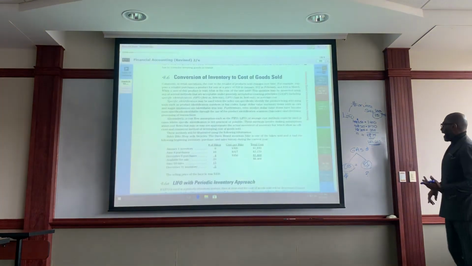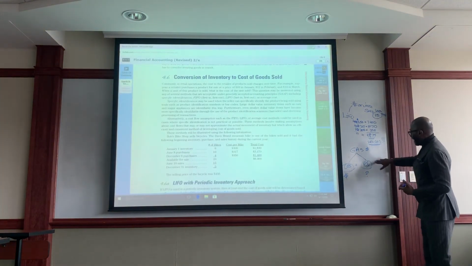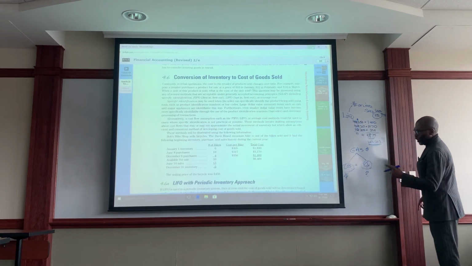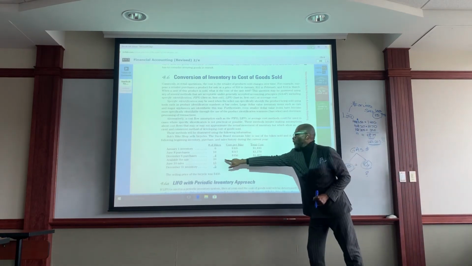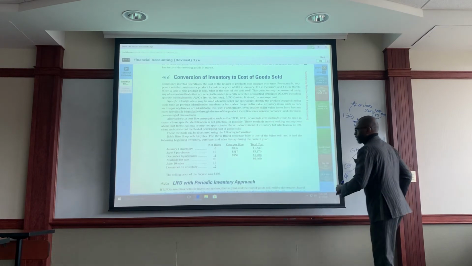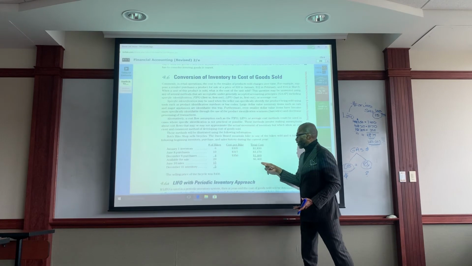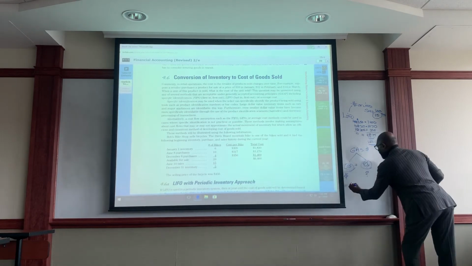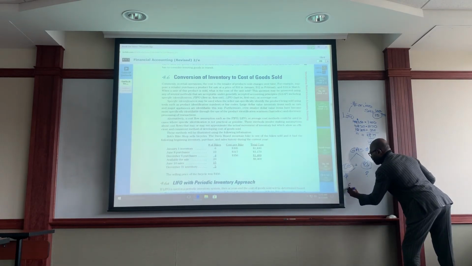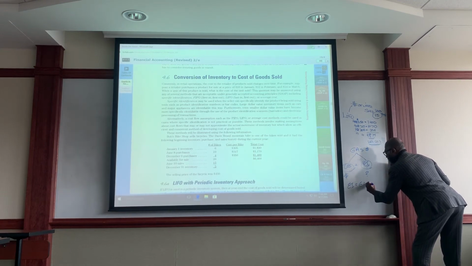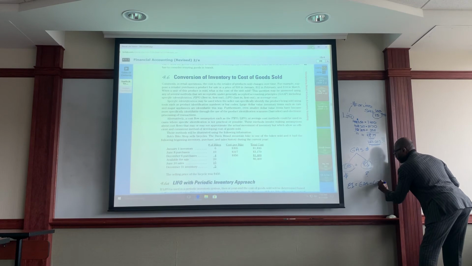And because we have this information, we can calculate ending inventory in dollar LIFO. Let's look. Our goods available for sale in dollars is 6,400, which was given to us by calculating each layer. So if we know our ending inventory equals goods available for sale minus cost of goods sold.